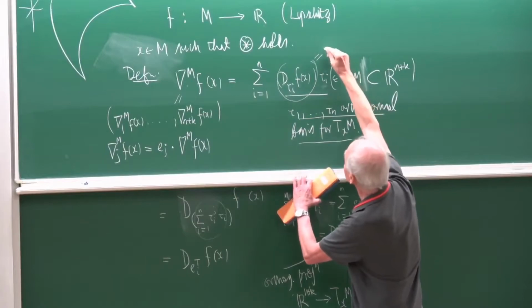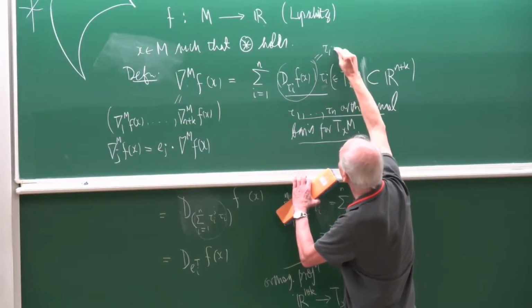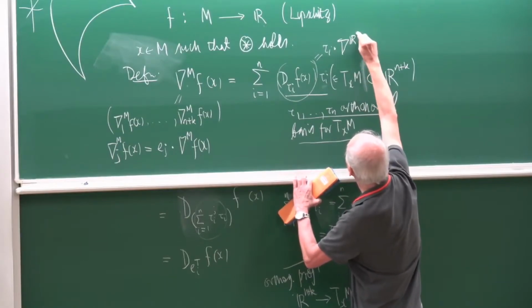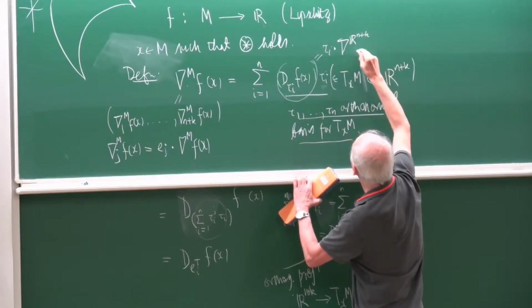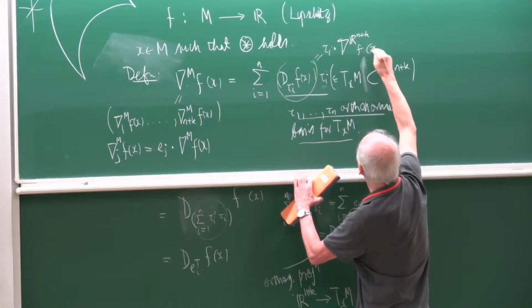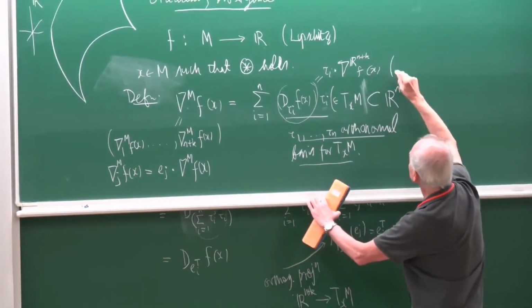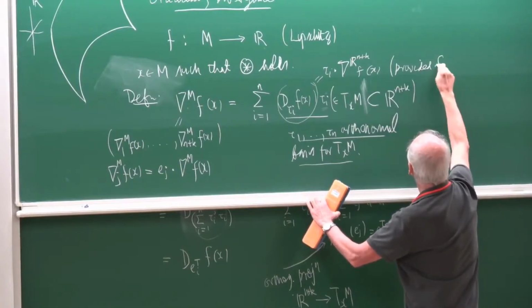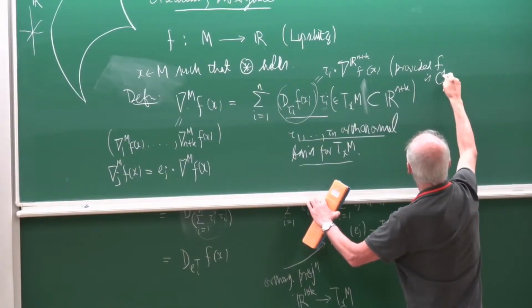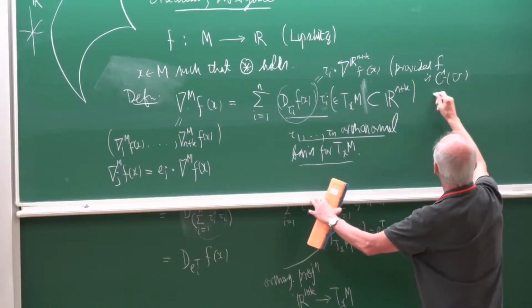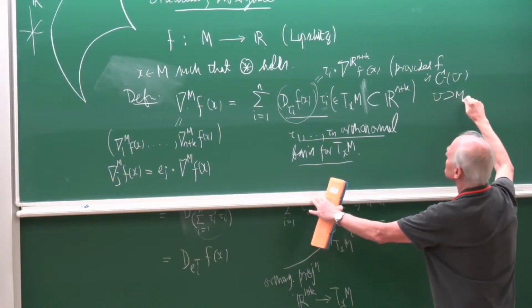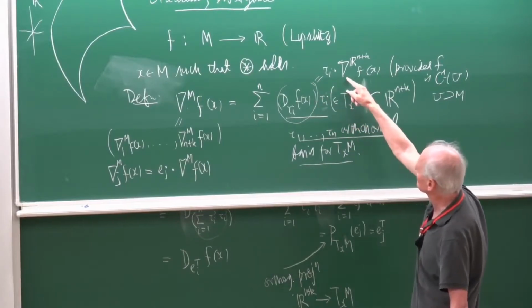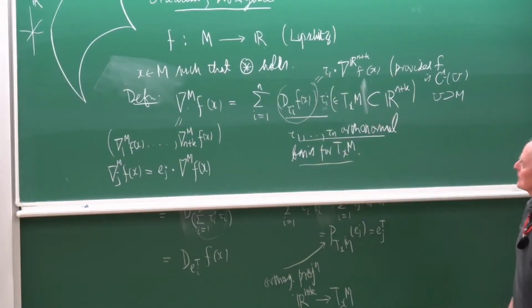So this would actually be τ_i dotted with the gradient taken in R^(n+k) of f at the point x. This is provided f is C1 in U, an open neighborhood U containing M. So as long as that's true, you can rewrite this as just the dot product of the full gradient of f dotted with τ_i.